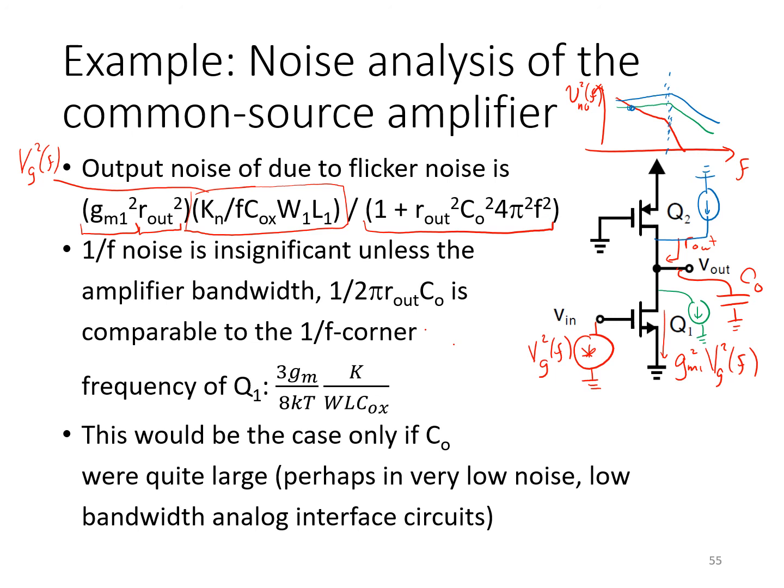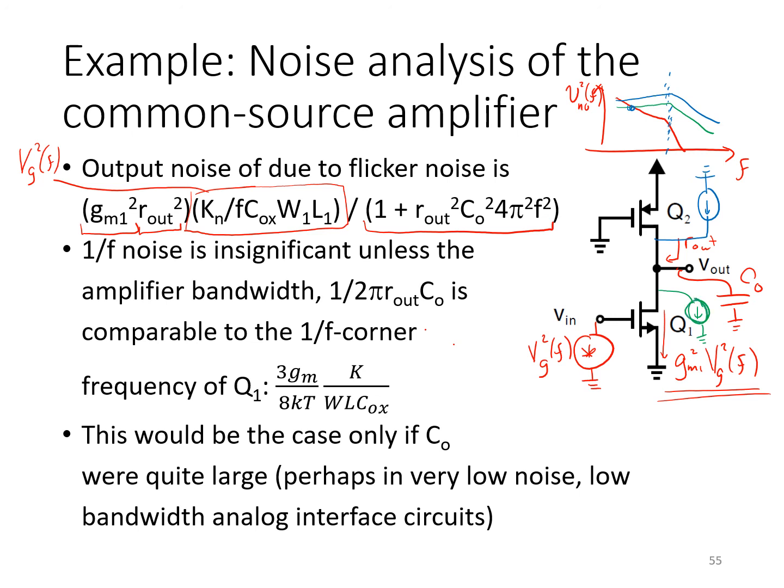That crossover point depends solely on the properties of Q1, because that's the point at which the noisy drain current due to the 1/f noise has its power spectral density exactly equal to the white power spectral density of the thermal noise drain current.